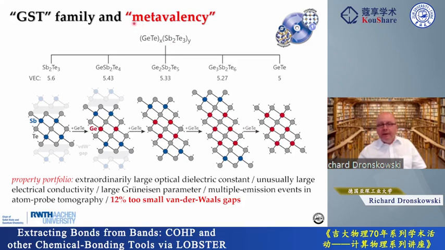What is the chemical bonding in this material? So colleagues of mine from solid state physics dubbed the term metavalency because they think that these materials are between metallic bonding and covalent bonding. This is not incorrect, but there's a better description for this particular kind of material, which I'm going to show to you now.